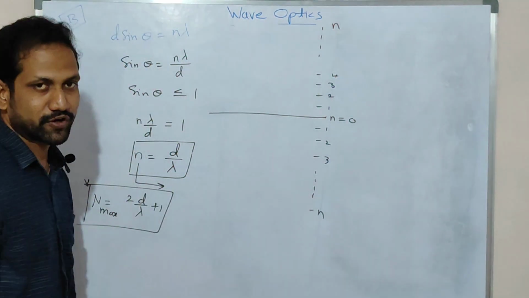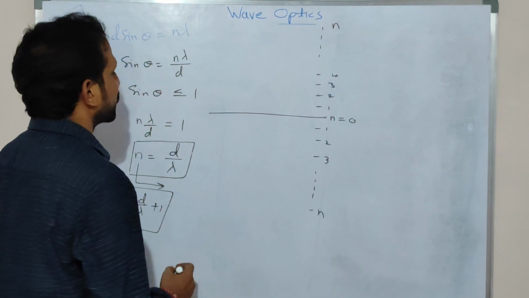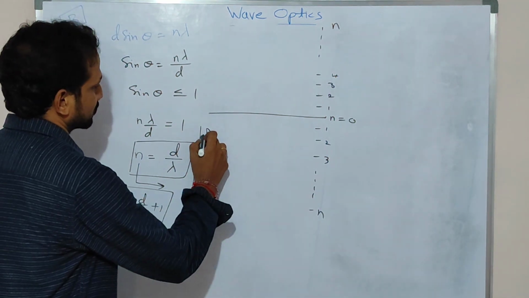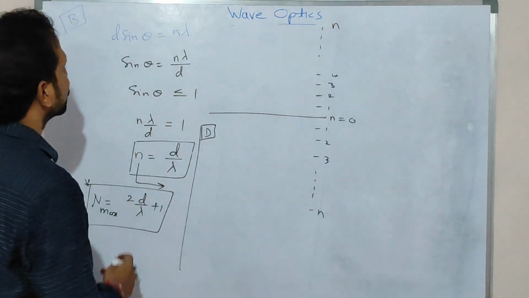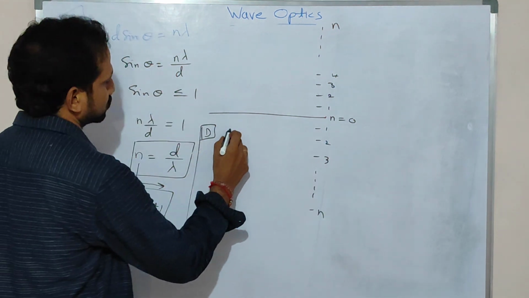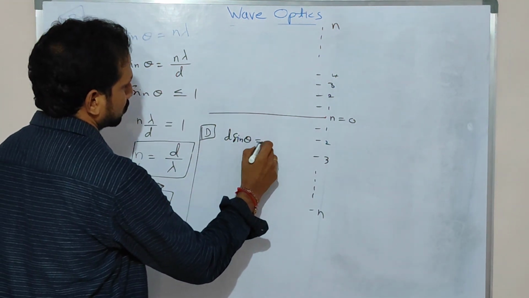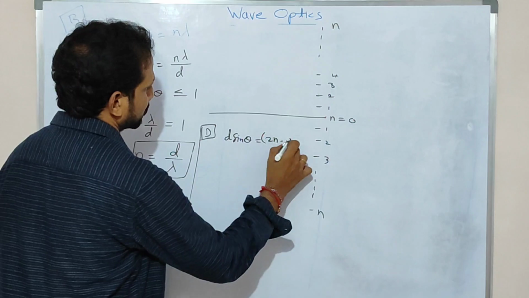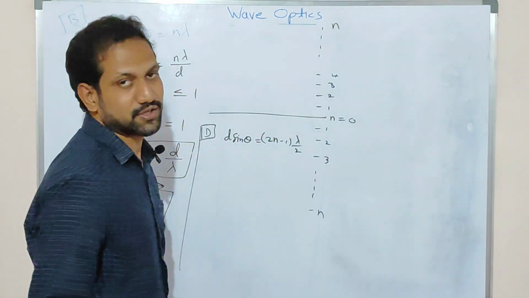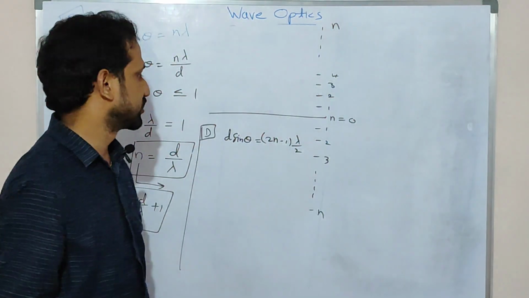Similarly, if they are asking you to find the number of dark fringes, for a dark fringe d sin theta should be equal to, as you know already, (2n minus 1) into lambda by 2, an odd multiple of half the wavelength, that is the path difference.